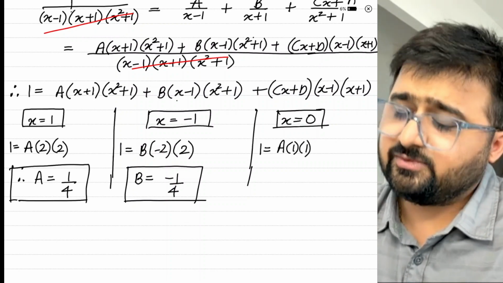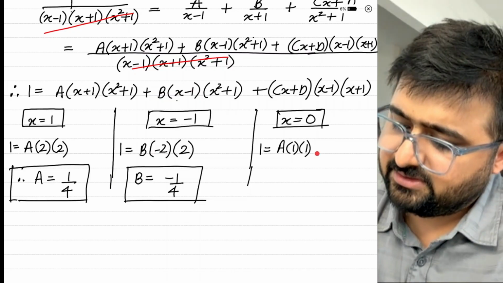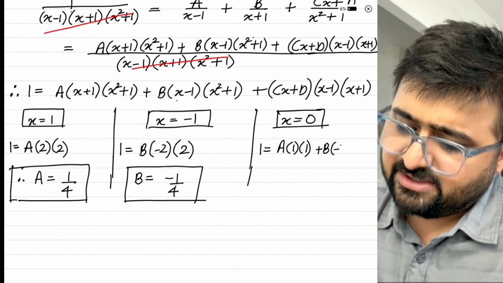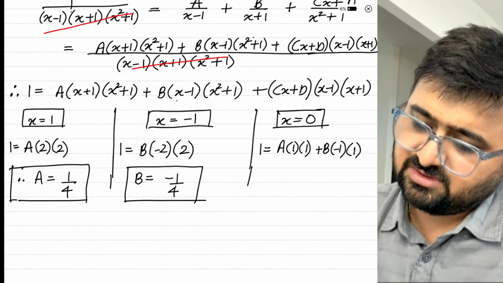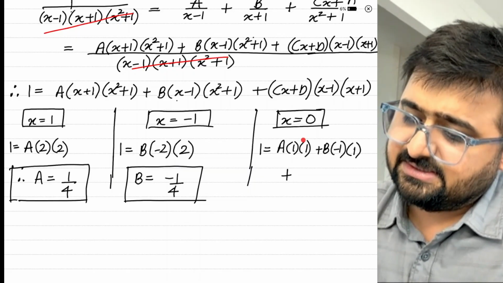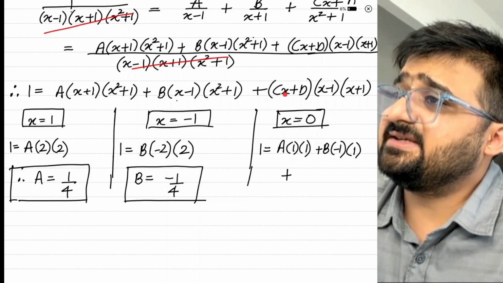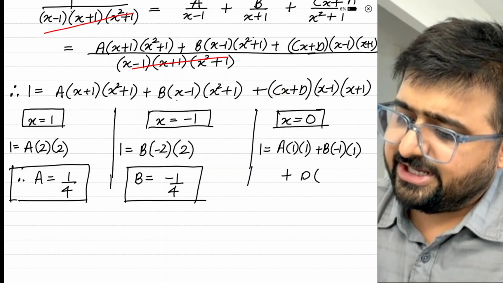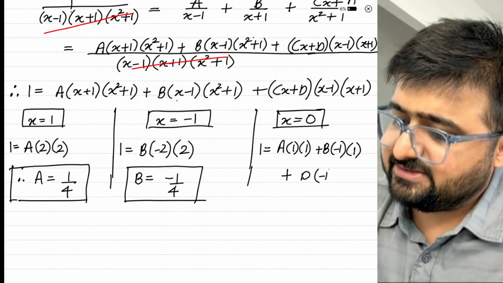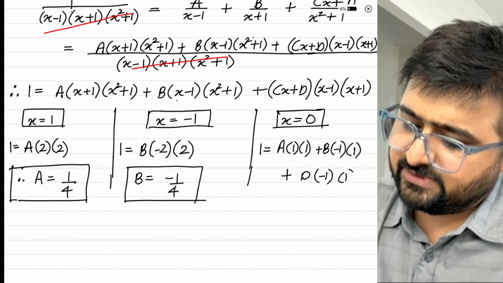If you put 0 here, 0 minus 1 is minus 1. So we have plus b times minus 1, and 0 plus 1 is 1. Plus cx plus d. Remember x is 0, so this term will become 0. You have just d times 0 minus 1 is minus 1, 0 plus 1 is 1.